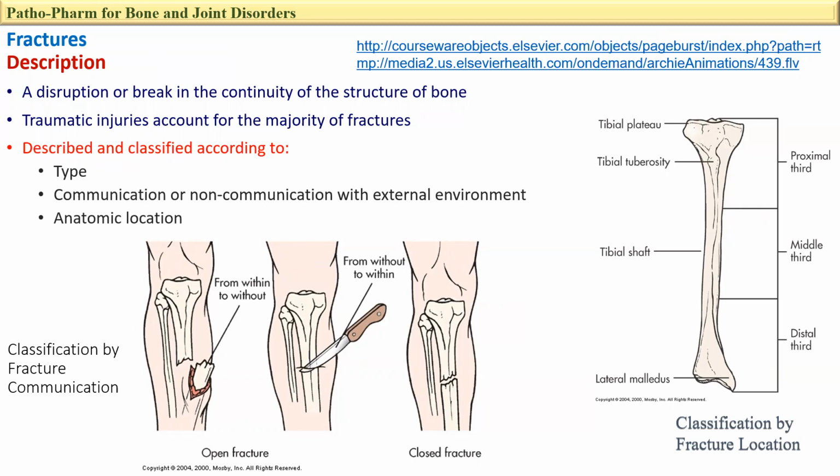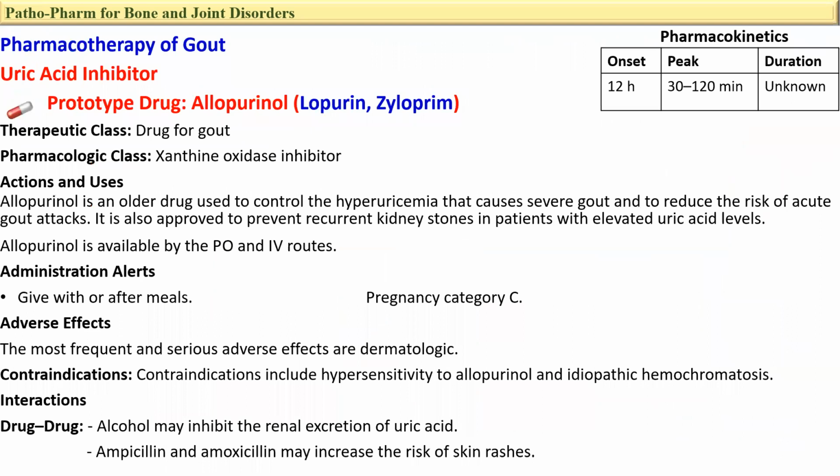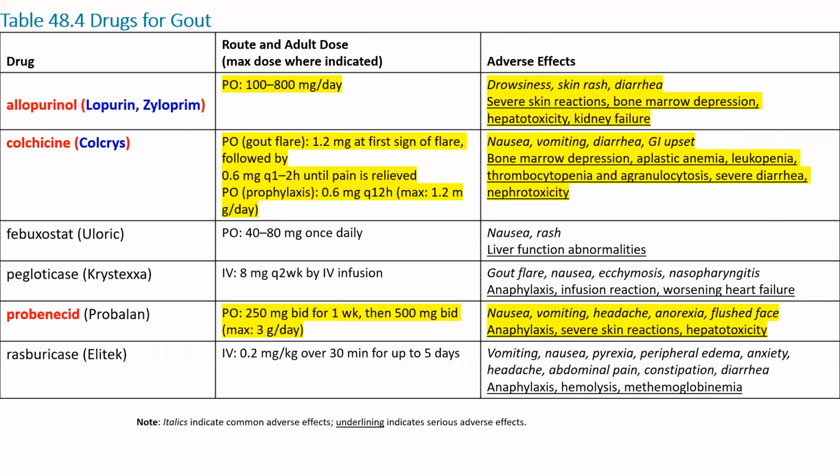So one last thing about allopurinol and colchicine. Colchicine is usually prescribed for acute attacks. Allopurinol is a long-term maintenance drug, a daily medication, prescribed on a daily basis.